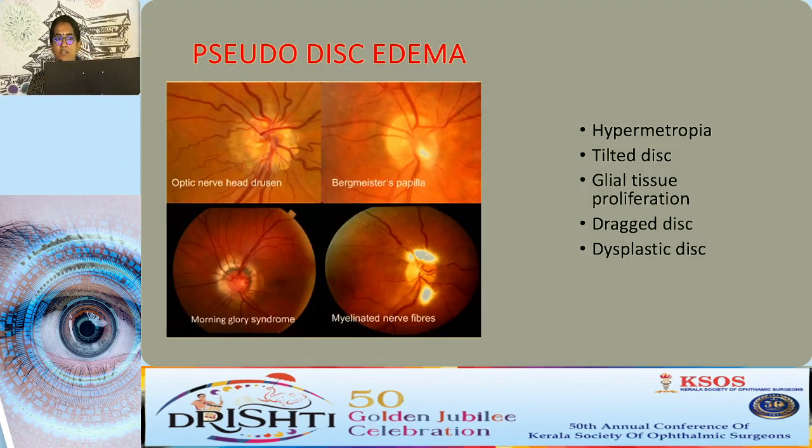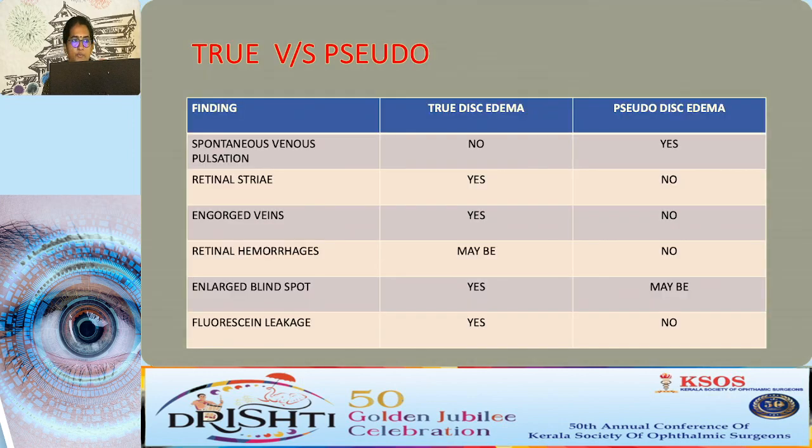Pseudo disc edema can occur in congenital anomalies: optic nerve drusen, Bergmeister's papillae, morning glory, myelinated nerve fibers, even hypermetropia and tilted disc, glial tissue proliferation over the disc, drag disc, dysplastic disc. All these conditions may sometimes give a false impression of a true disc edema, but basically it's a clinical diagnosis. Of course, you can use some ancillary investigations to differentiate that too.